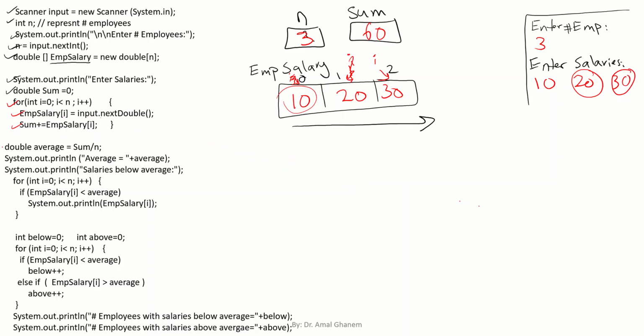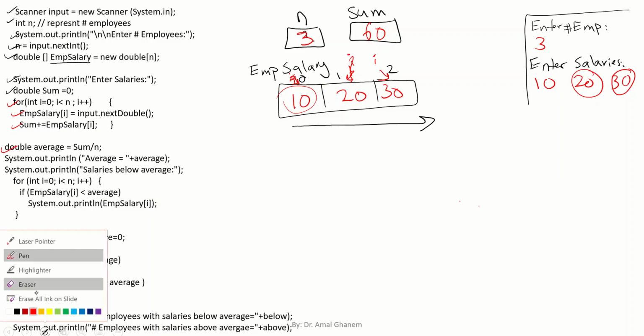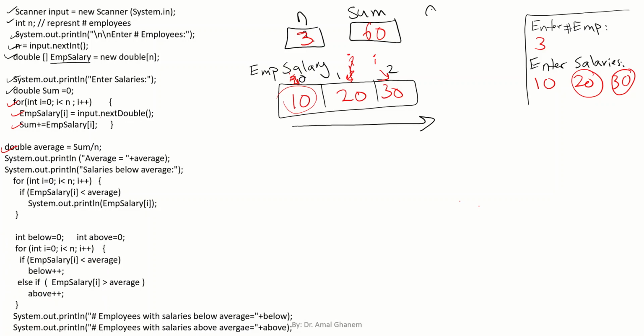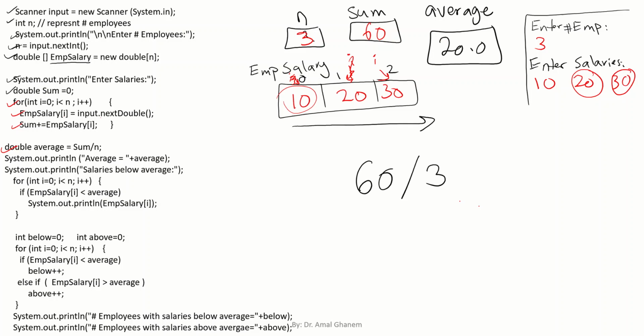Now we have to calculate the average. Average equals sum over n. So we will declare a variable and call it average. And this average will be sum over n. So sum is 60 over n, which is 3. 60 over 3 will give us the value 20.